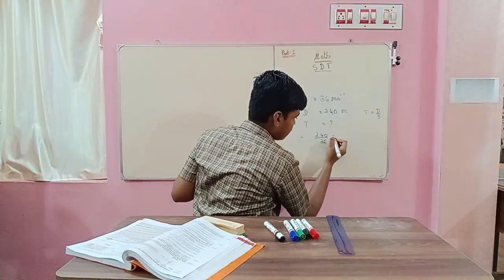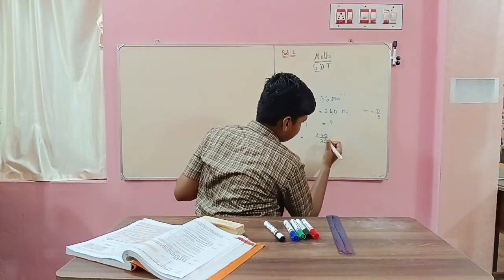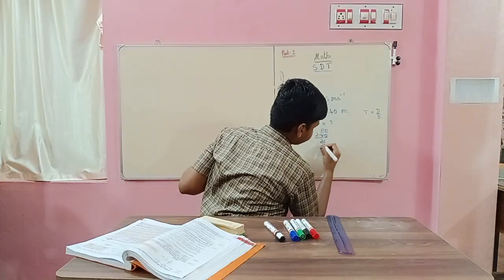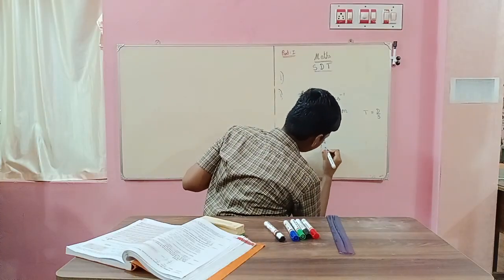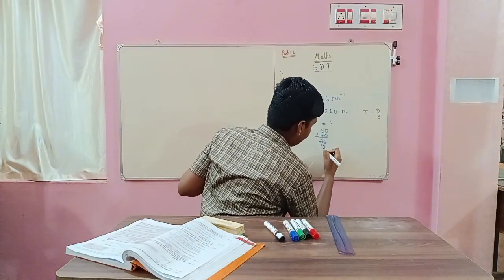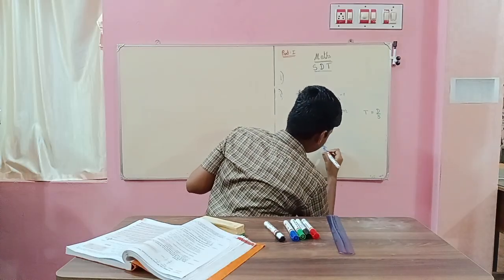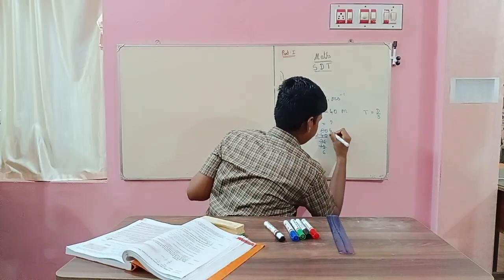So 240 by 36. We can divide it by 30. It becomes 8, and this becomes 12. Again we can divide it by 2, it becomes 4 and 6.